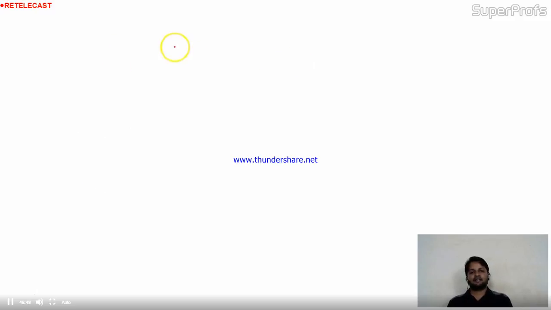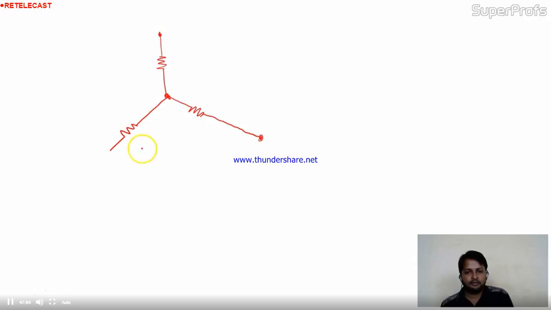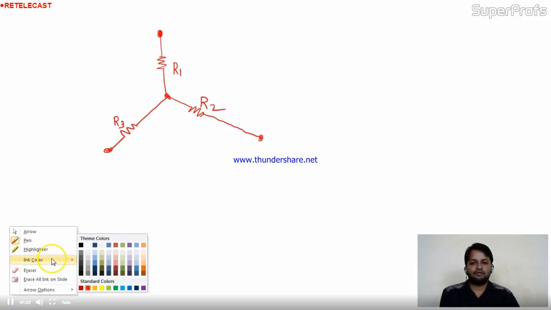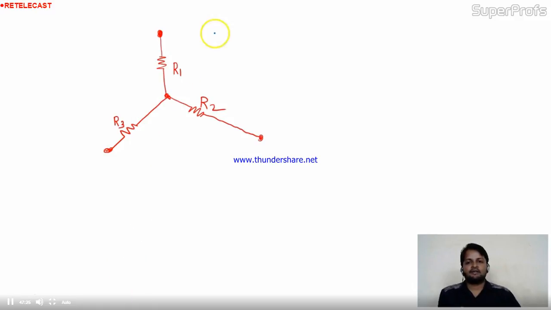I am taking a star connection first. This is the common point for all, like this. You have three points, and the values of the resistances are R1, R2 and R3. Your task is to transform it into the equivalent delta.